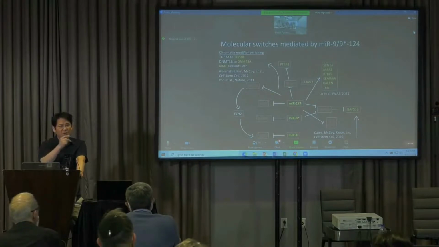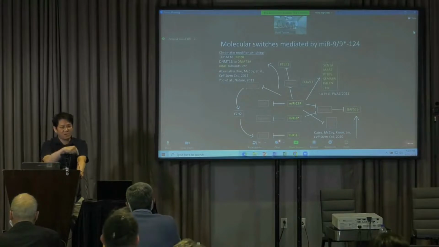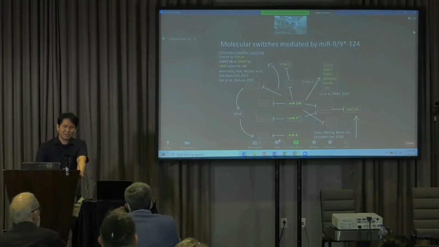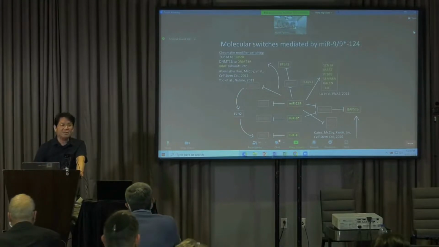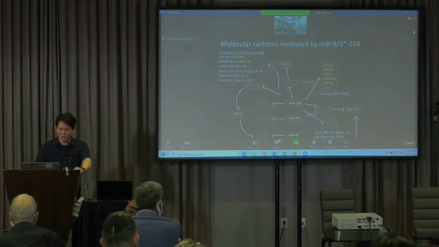So what these microRNAs are able to do is to recognize the genetic network that exists in non-neural fates, and they try to erase it. And some of those genes are anti-neurogenic genes. So by virtue of eliminating that anti-neurogenic property, we can evoke a neuronal program.